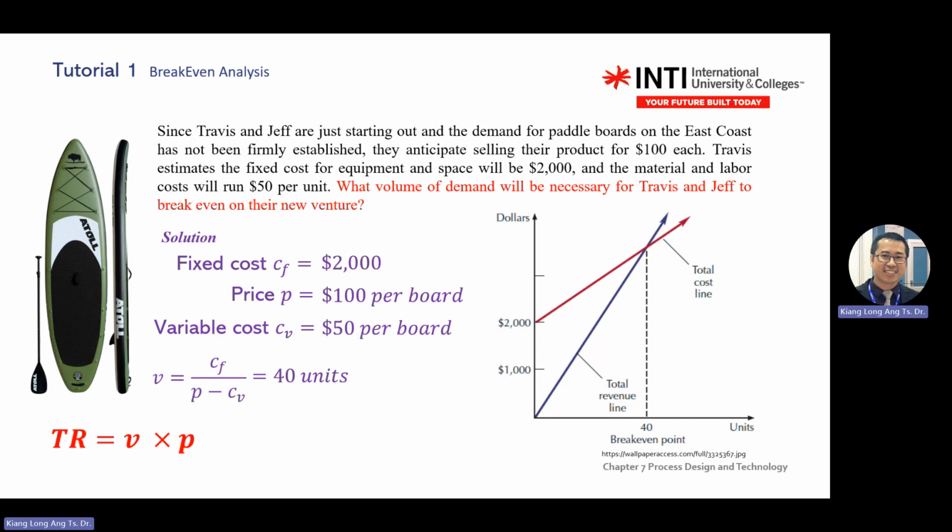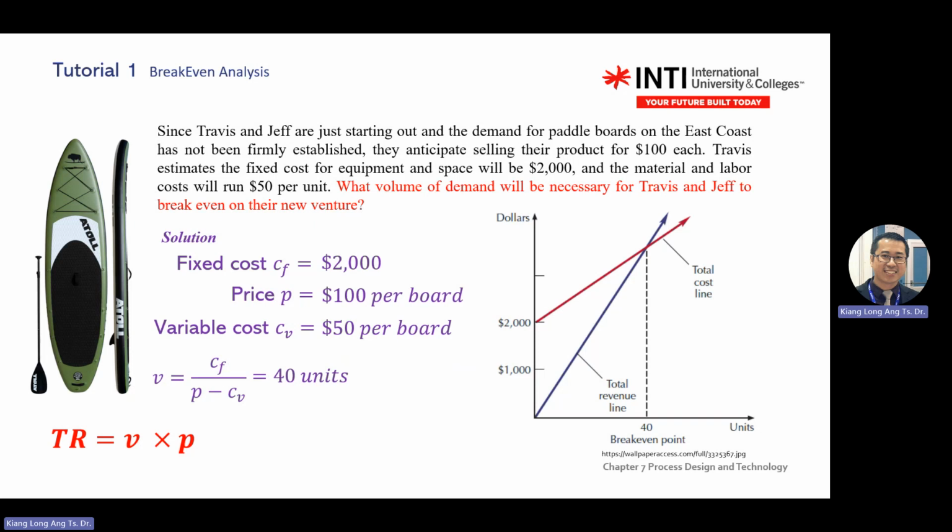Total revenue, TR, is V multiplied by price. So you draw a straight line, TR equal to VP, and then substitute the value. P is 100, so TR equals 100V. This axis is volume.